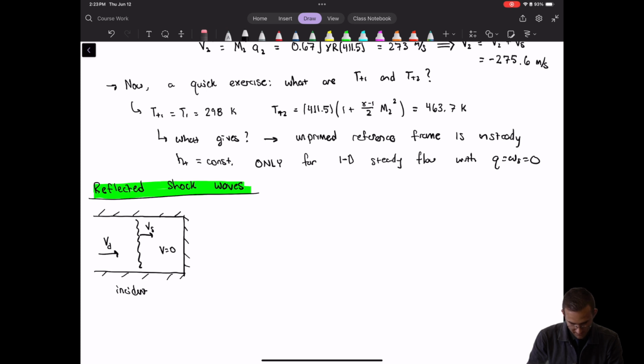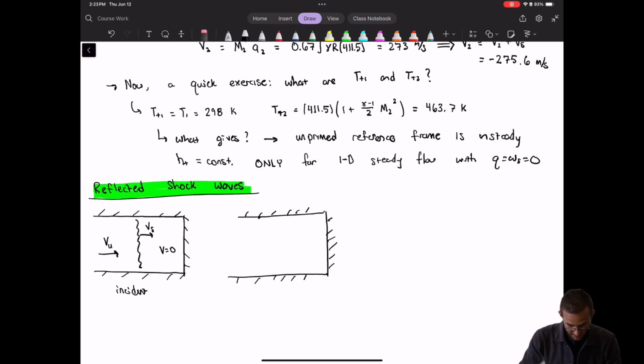Okay, and then, in fact, it's going to become the upstream velocity for the reflected shock. So we actually are going to call it VU. I just noticed that in the notes. That's why the label was that way. So this next time snapshot that I'm drawing here is the reflected wave.